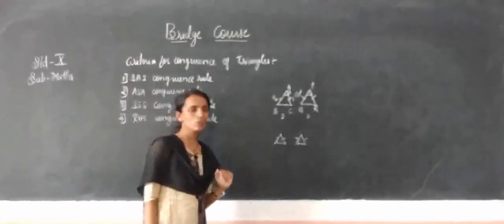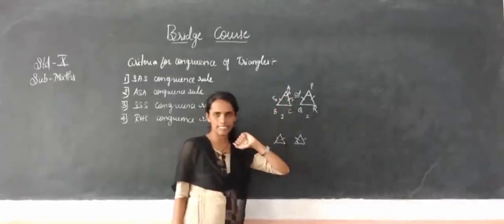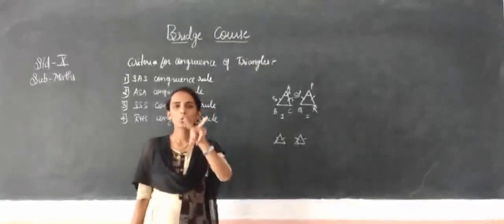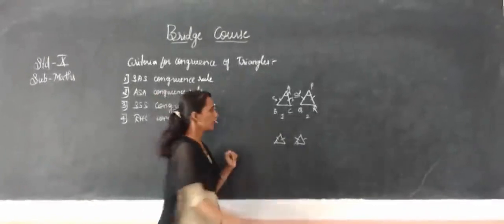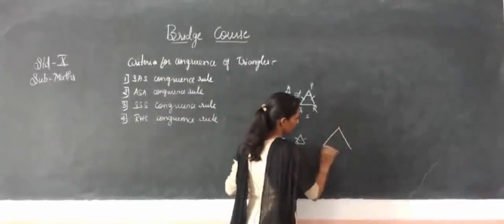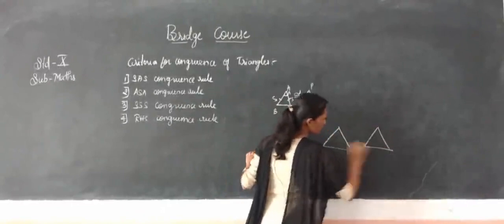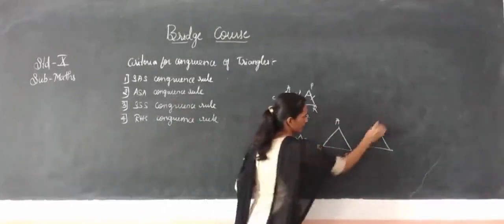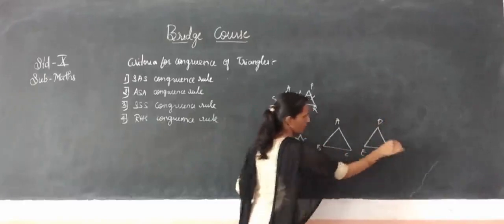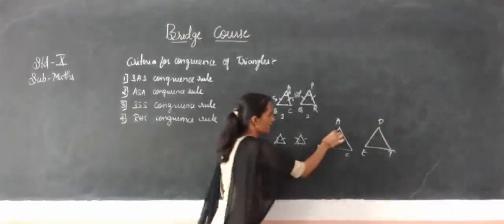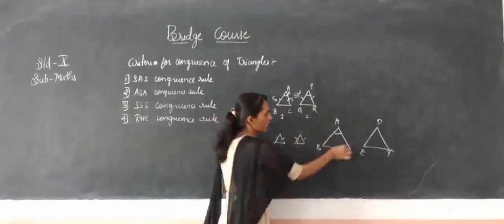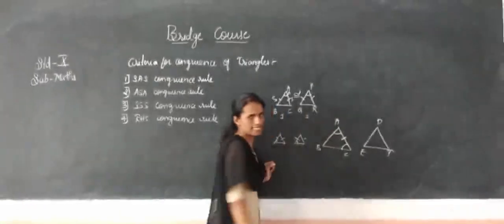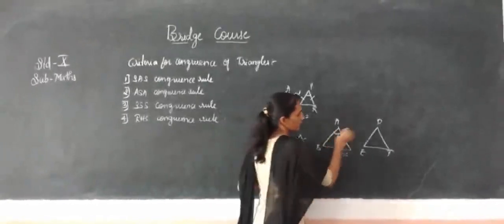Next one will become the ASA congruency rule. In SAS there are two sides and one angle, but in the ASA congruency rule, it is two angles and the included side. For example, again consider two triangles, named ABC and DEF. In this, angle A and angle C are two angles, and the included side is AC.